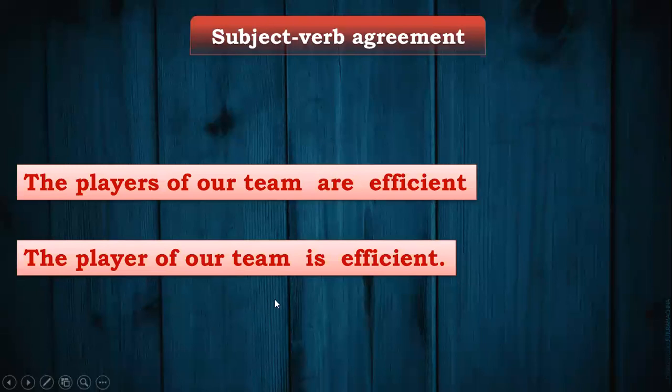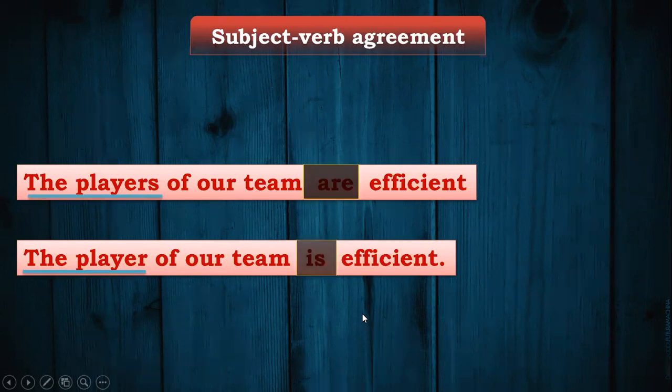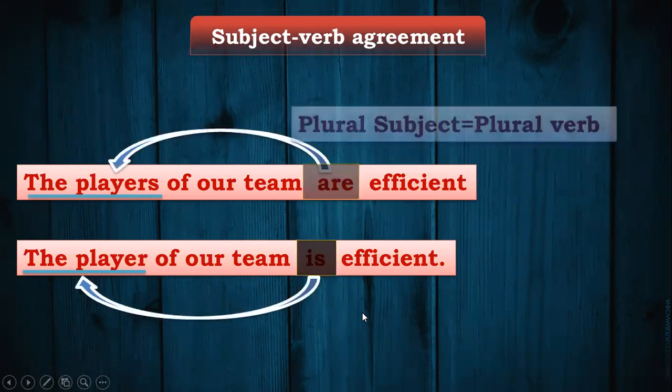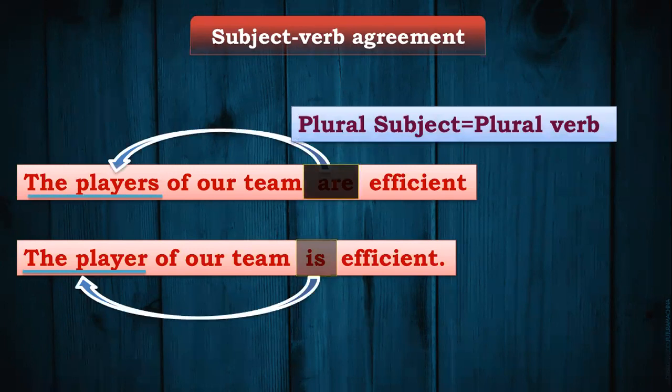If the subject is singular, the verb is also singular. This helps us identify whether the subject and the verb agree or not. So "the players" goes well with "are" and "the player" goes well with "is." That is, plural subject equals plural verb.